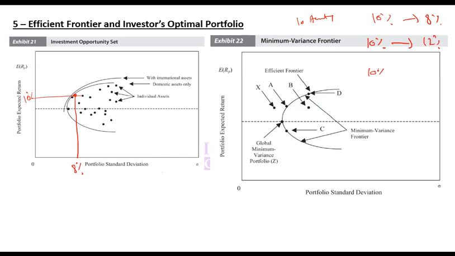Another combination gives you 10% return at 11% risk. So you can make different combinations to get 10% return, and risk may be different depending on the selection of assets. When you are plotting this investment opportunity set, you plot everything. So you have plotted this 10% for 8%, and another point which tells you 10% for 12%, and so on.